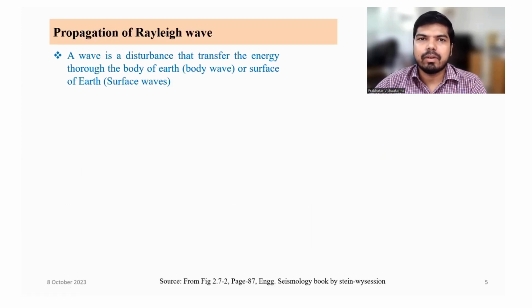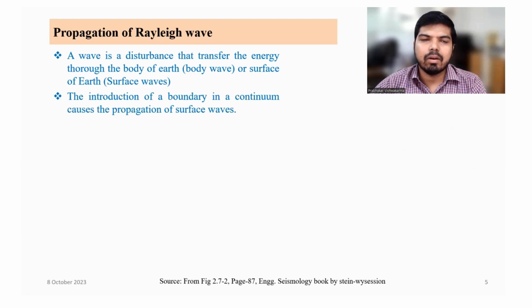So how do waves propagate? As we know, when there is any disturbance, there will be energy. The energy will transfer throughout the body of the Earth or its surface. In common sense, when there is a disturbance, there will be propagation of waves on the Earth surface or inside the Earth.